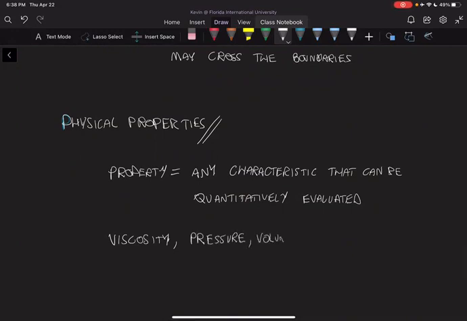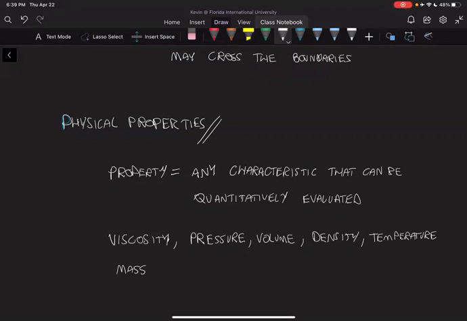Volume, okay, we can measure pressure, we can measure volume, we can measure density, we can measure temperature, we can also measure mass. And then there are some more too that I'm not going to list, a little bit more detailed, such as electric conductivity, and thermal coefficient of expansion as well, could be other ones.